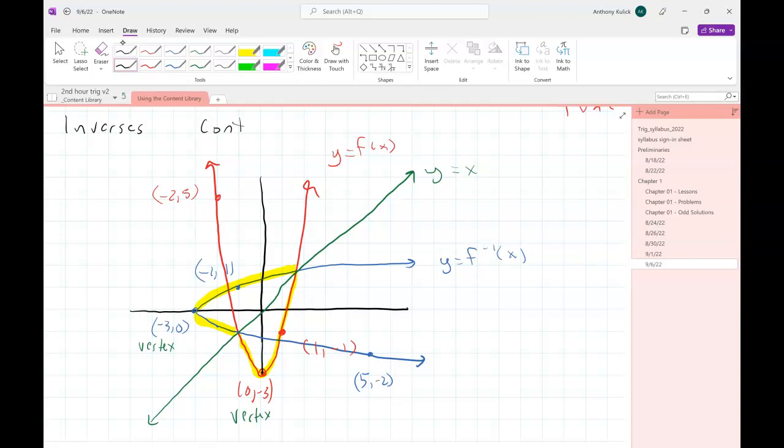What do you notice about f inverse, though? It's not a function because it doesn't pass a vertical line test. What part of our theorem did f fail? Because we know if f inverse isn't a function, we know that f couldn't have been bijective. So which part of the bijective failed? Did the one-to-one part fail, the onto part fail, or maybe both?